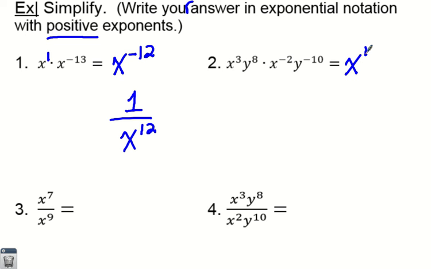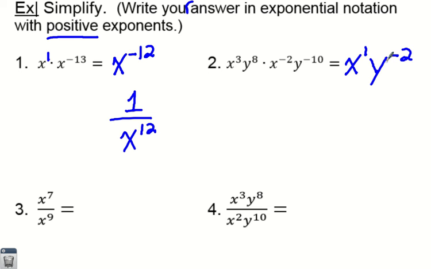So x to the first, and then y to the 8th times y to the negative 10. You also add the powers like we've been doing for a few sections now. And what's 8 plus negative 10? Negative 2.